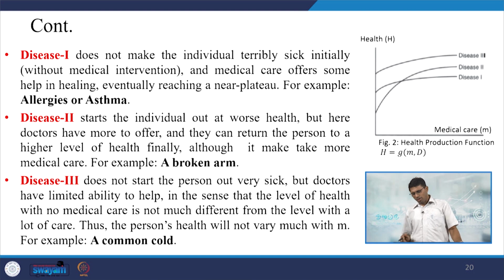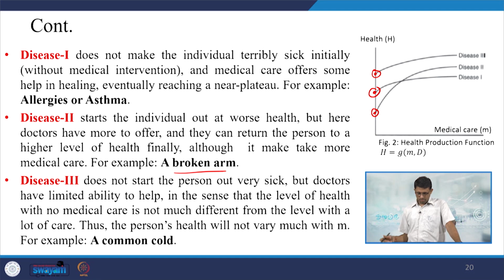You can now easily guess where the starting stock of health should be. When it is a common cold, the third case, the stock of health is considered much higher. Whereas for allergic disease 1, and in the second case a broken arm, which is a serious case compared to the other two, the stock of health is considered to be compromised, and accordingly the slopes of the health production function are considered to be different.